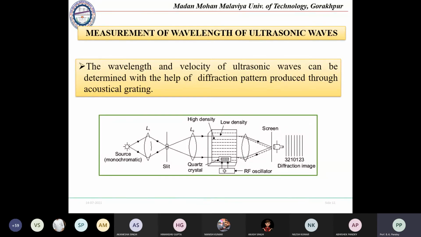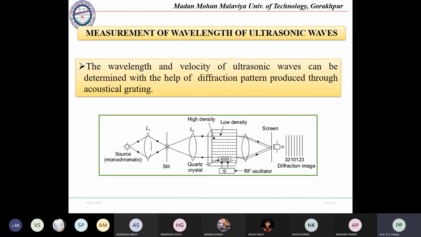So here you are seeing that there is a pot, and in that pot the liquid has been placed, and at the bottom of this pot, there is the RF oscillator, that is the crystal, and this is producing the frequency in the range of the ultrasonic waves.